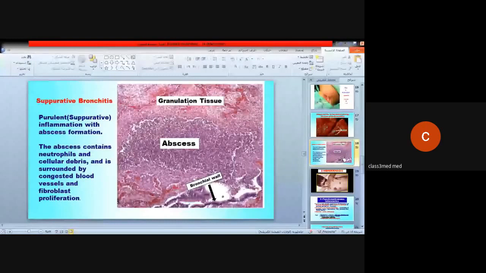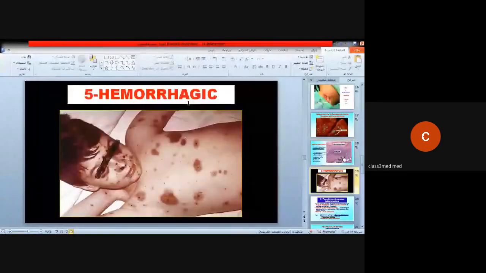We come to the fifth type of acute inflammation. It is hemorrhagic inflammation. You see, this child has multiple hemorrhagic patches in the skin, in the skin of the chest, abdomen, shoulder, and face.